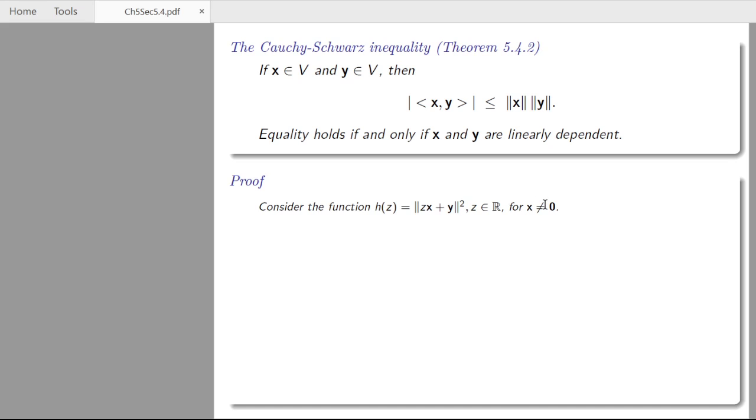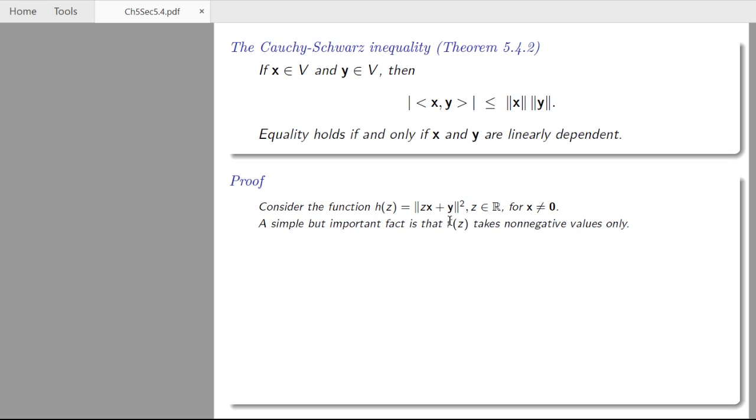Now let's concentrate on the case when x is not 0. In this case, we define a function h of z. H of z is defined as the square of the norm of the vector zx plus y. Now, for this function h of z, we can say h of z takes non-negative values.